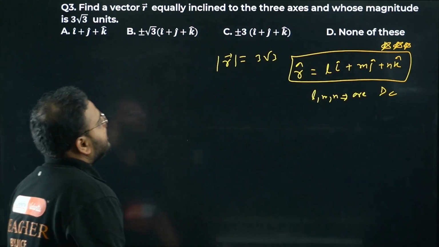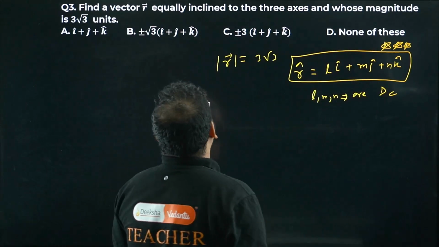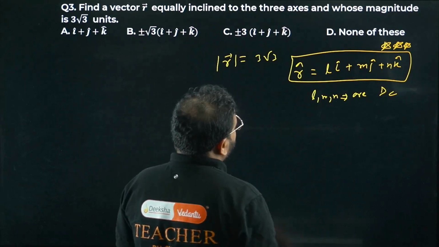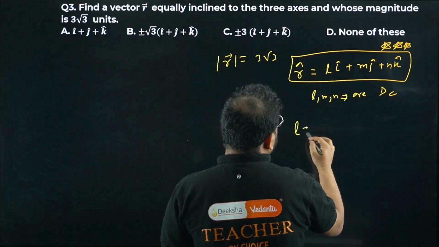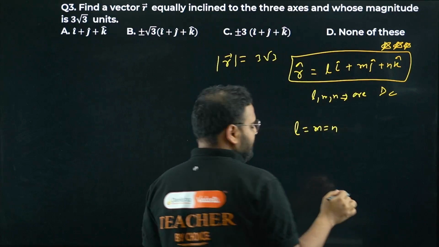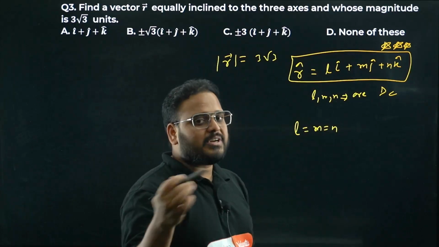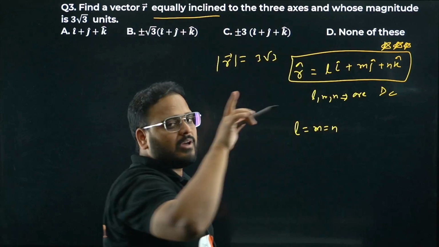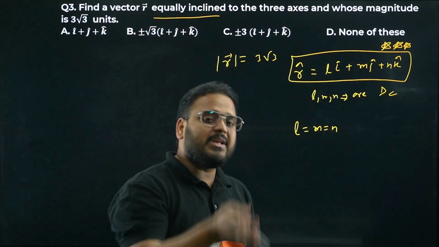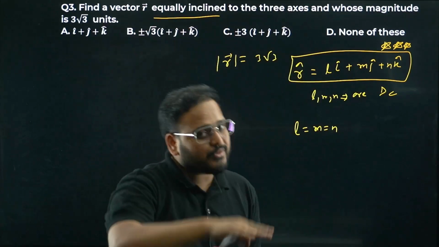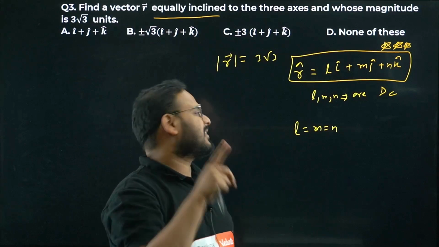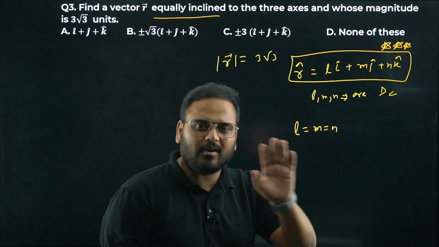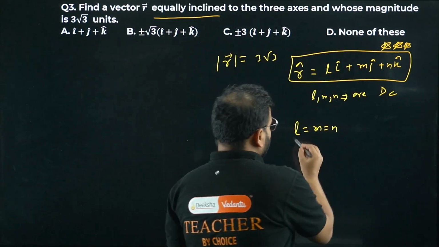Given that it is equally inclined, it means l equals m equals n. Basically, alpha equals beta equals gamma, so cos alpha equals cos beta equals cos gamma. It means l equals m equals n. I hope all of you agree. So now use this property.